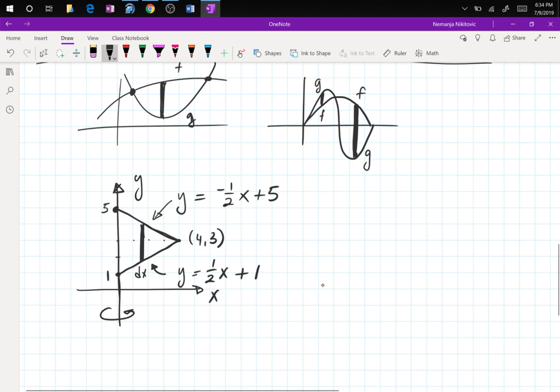And this is why you want the shell method, because the shell method will allow you to work with dx when you have rotation around y. That's what the shell does. The disk method, rotation around x, gives you dx. All right? So it might be confusing right now until you sit down to learn all the formulas and categorize everything.